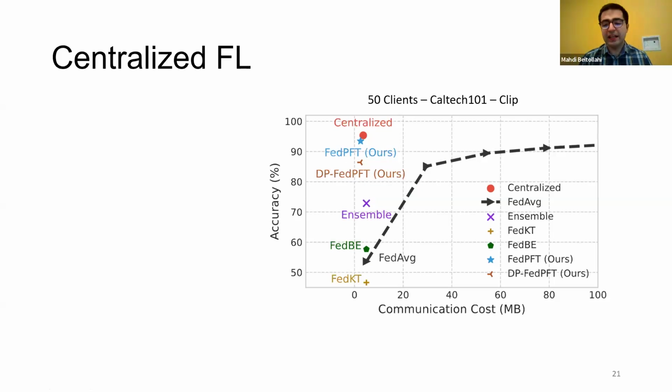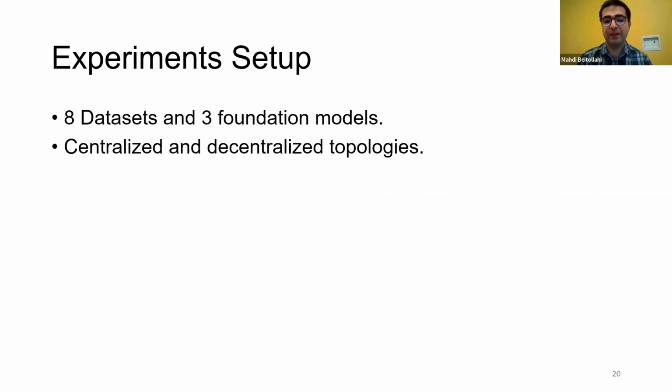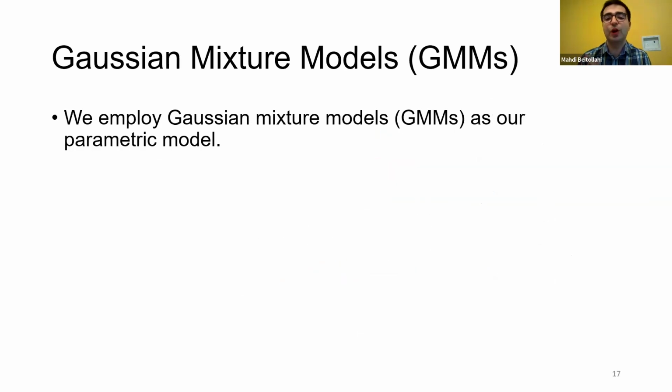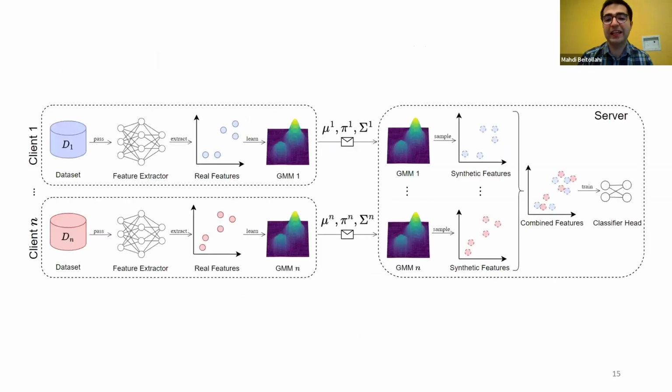Yeah, for sure. We treat Fed PFD and DP Fed PFD exactly the same before we send it to the clients. The only difference is that after calculating the covariance, mixture weight and mu, we add the noise.